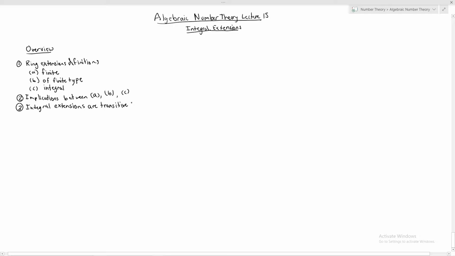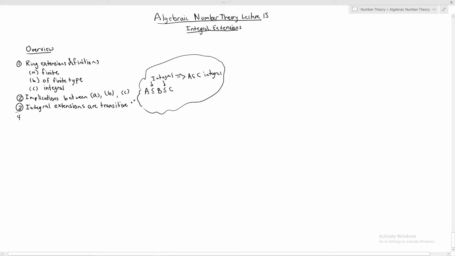So in your head, you should be thinking A contained in B contained in C. If I know these two are integral, that implies that the big containment A contained in C is integral. And I know I haven't told you exactly what integral means, so this should all feel a little fuzzy.